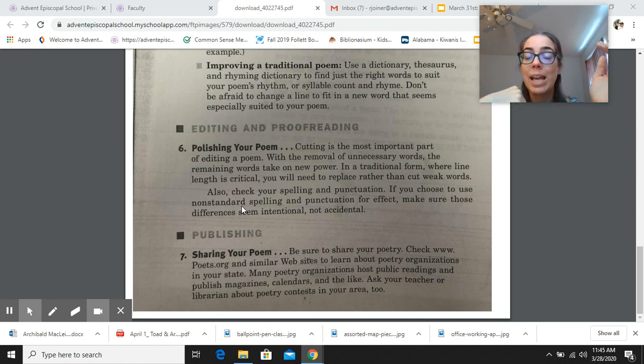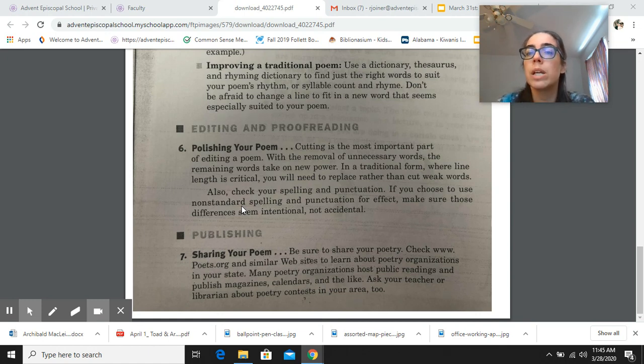How can you change that in order to follow through with what you're trying to do with the rest of the poem? And it's good because you learn not only about revision, but taking criticism. It's very important in writing to learn to take criticism because sometimes the thing that we see is not what gets out on the paper exactly like we want. We may have this whole story or idea going on in our brain, but if we don't put it out exactly the way somebody else can see it, you have to revise.